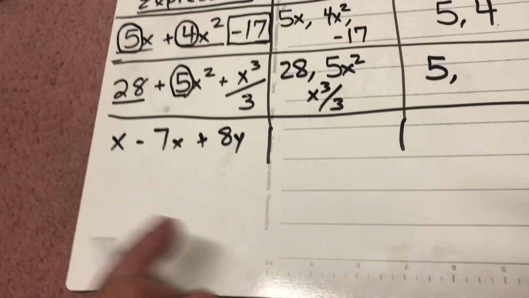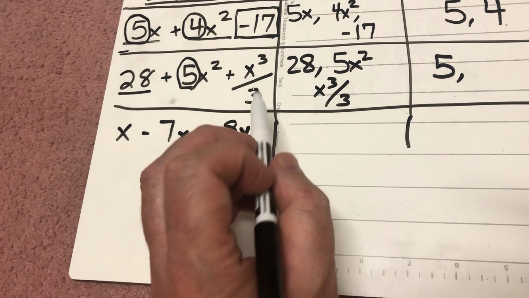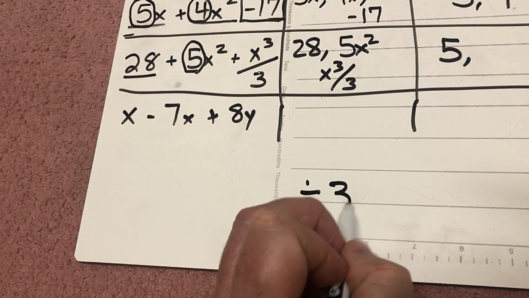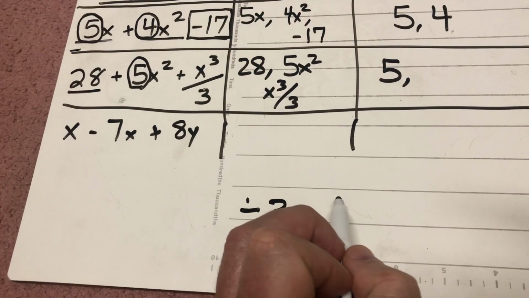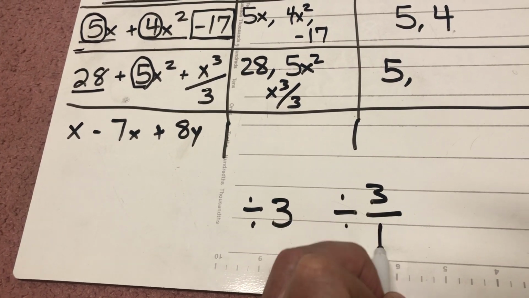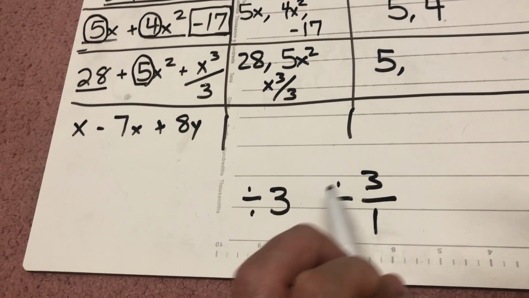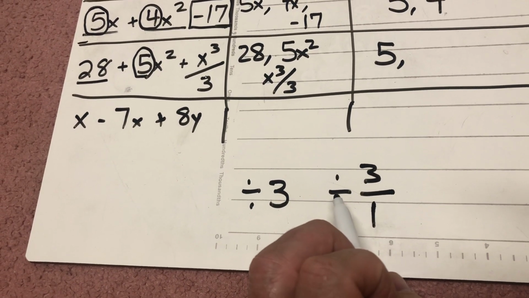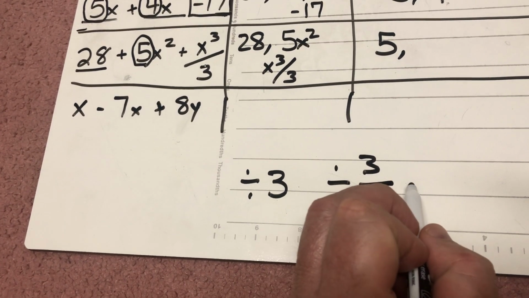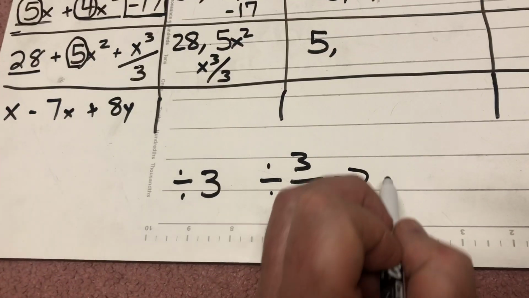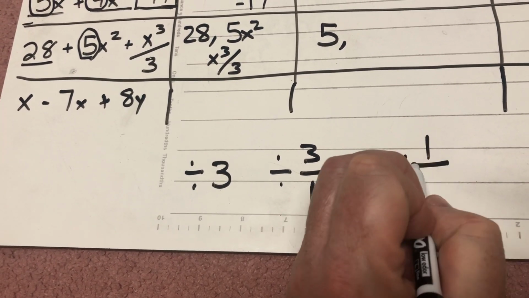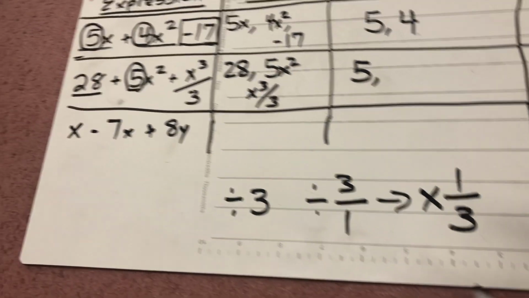Well, we remember, when we would multiply and divide fractions, whenever we divide something by 3, I can be thinking of it as dividing something by 3 over 1. And I know that in division, I have to make the reciprocal, and my division becomes a multiplication. So when I divide by 3 over 1, that's the same as multiplying by 1 over 3.